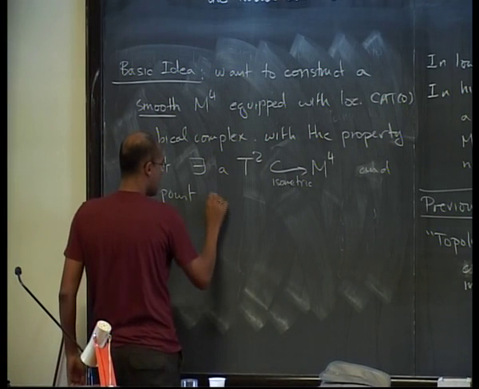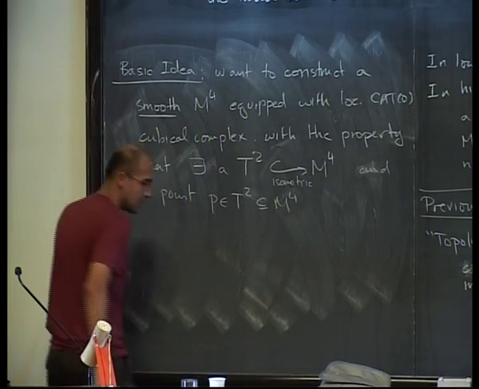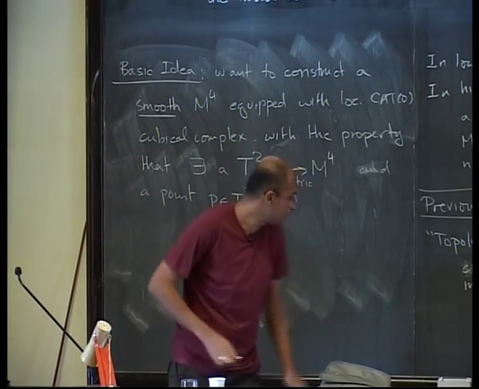And a point P in T2 inside M4, such that the local picture is knotted.